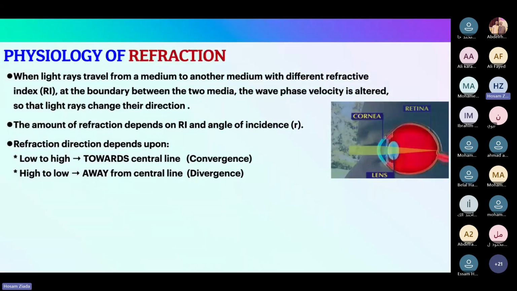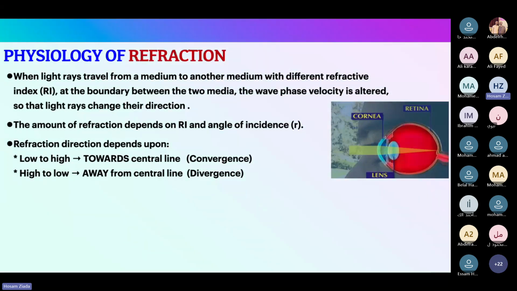The cornea is 1.38, the aqueous is 1.33, the lens is 1.40, and the vitreous is 1.34. The amount of refraction depends on the refractive index and the angle of incidence. So I told you about the position and distance of the object from the eye.